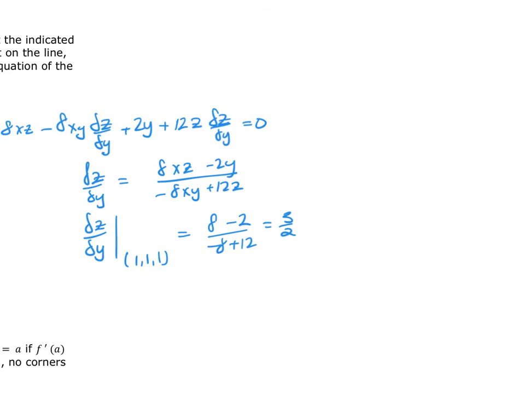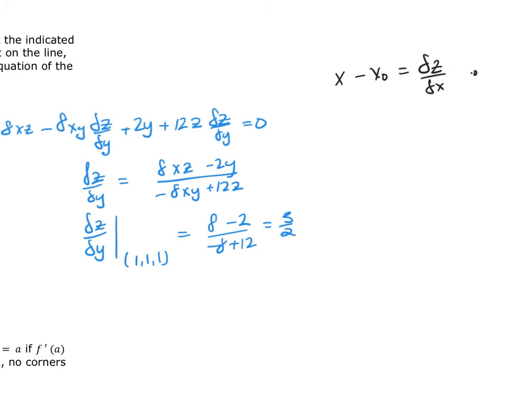I have x minus x naught is equal to my partial derivative with respect to x, evaluated at x naught, y naught.